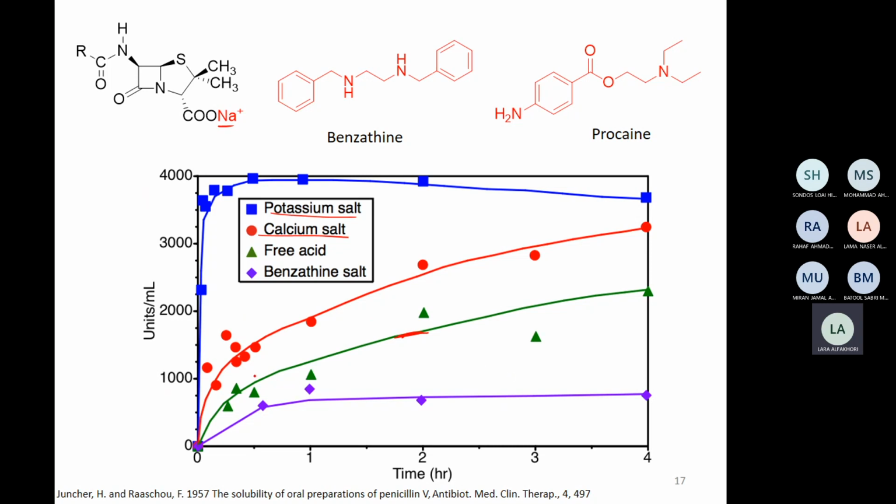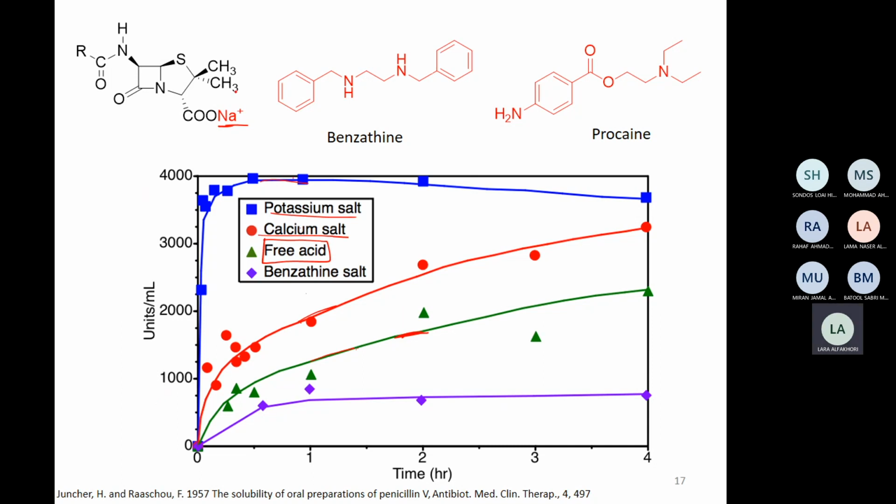يعني this graph in here represents the water solubility over time. All right, the one in green represents اللي هو free acid. تمام؟ If it's formulated as a salt, calcium salt or potassium salt or even sodium salt, لاحظوا كيف بتكون السolubility أعلى versus that of the parent or the free acid.